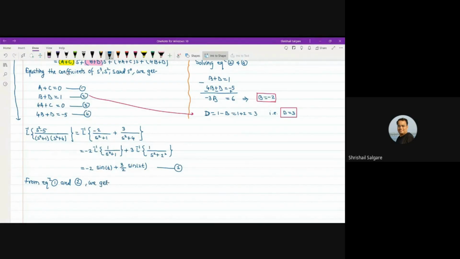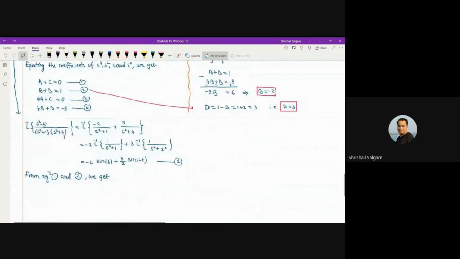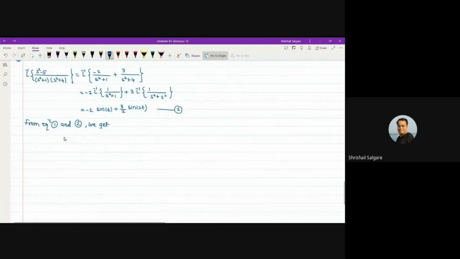Finally, if you look at equation 1, this is the term you have to find: L inverse of s square plus 2s minus 4 divided by (s square plus 2s plus 2)(s square plus 2s plus 5).